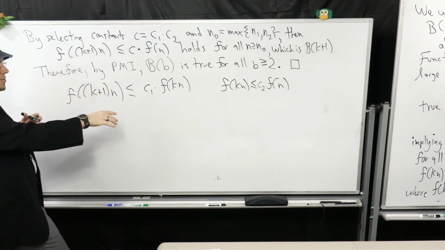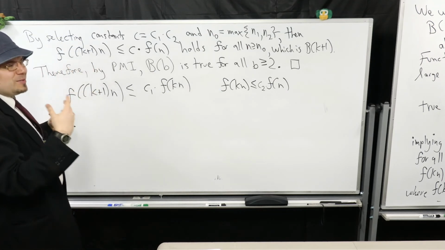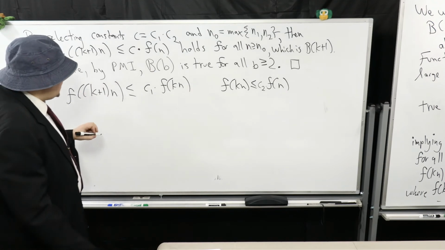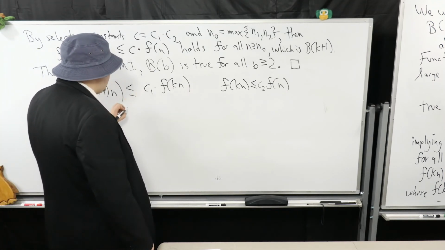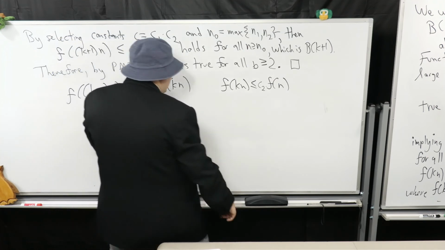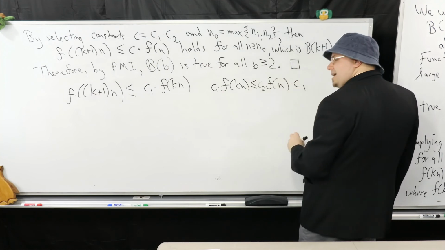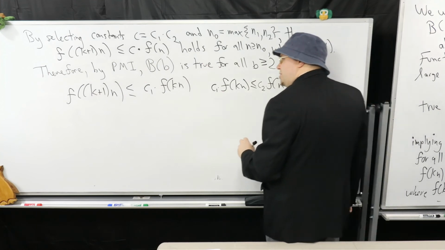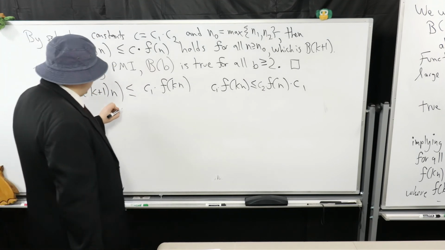So what I want to do is make this continue along. I'm going to invoke what some people call transitivity. So if I put c1 right here, I could also put c1 here on this side for a sufficiently large value of n. So I just simply do this.